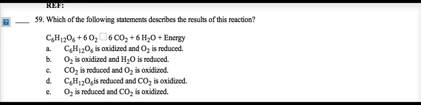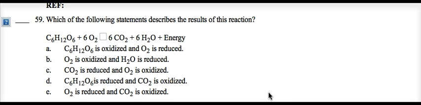Okay, so now applying that redox reaction concept, which of the following statements describes the results of this reaction? In this box here, that's where the arrow should be. For some reason, some of the graphics just don't appear right on this review site. So hopefully you recognize this formula that we're looking at, which is cellular respiration. They want to know what's being oxidized and what's being reduced.